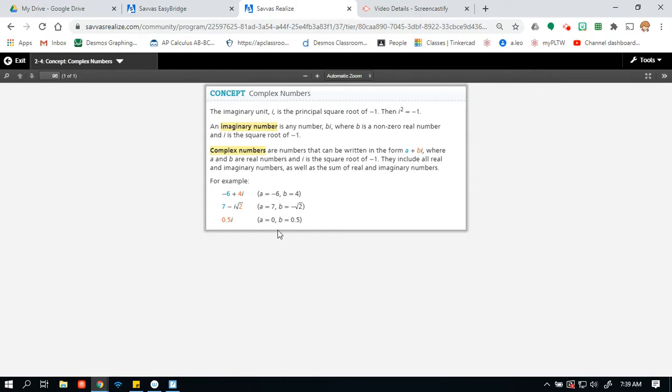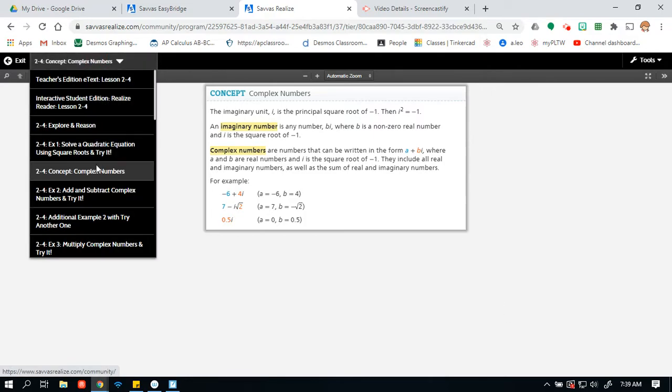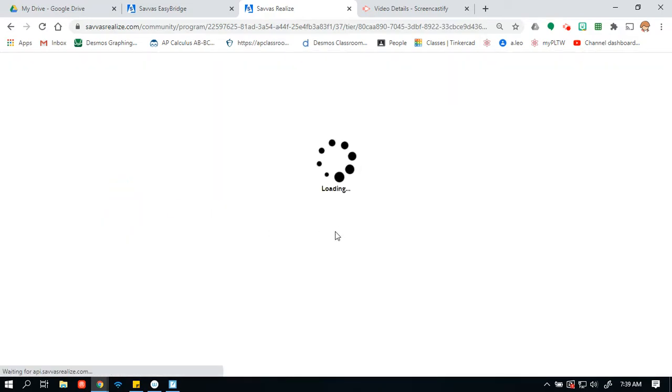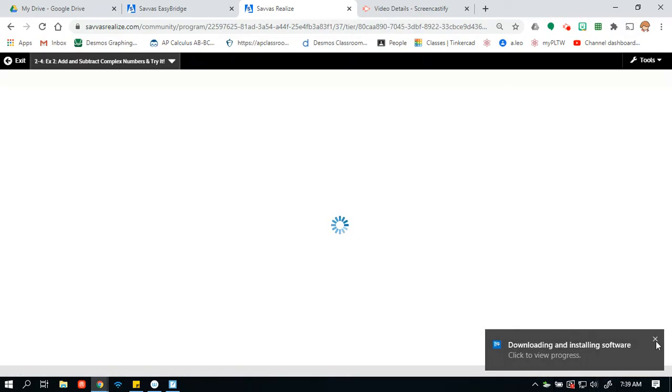So our real number is 0 and our imaginary number is 0.5. Again, complex numbers have two components, and thus are complex.